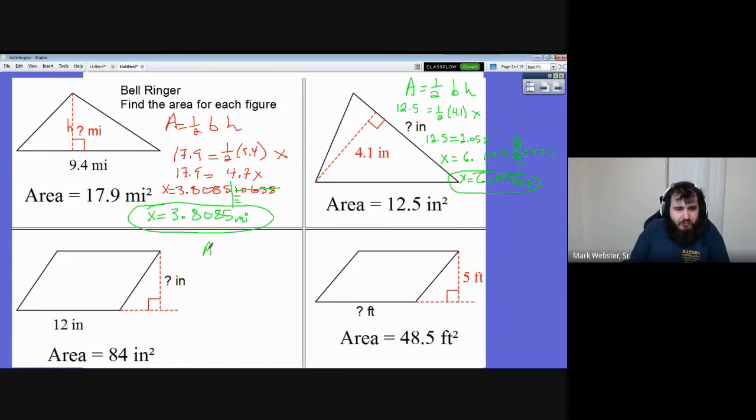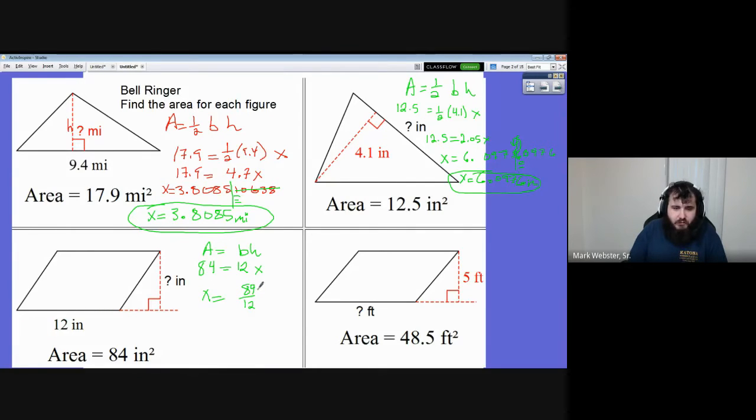Same idea with the parallelograms here. Remember, the area is base times height. So that's 84 equals 12x. I think this one actually goes in pretty evenly. Well, when I divide, I end up with 84 over 12 for sure.